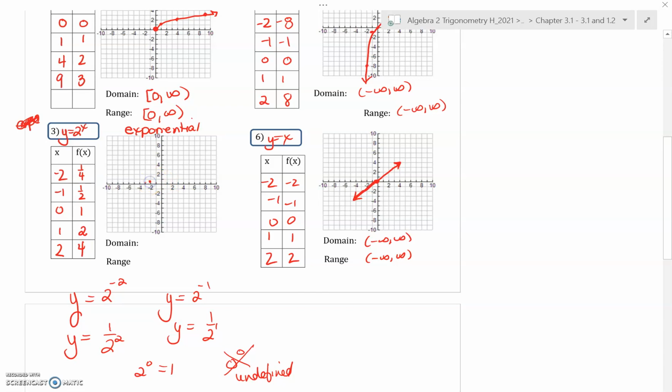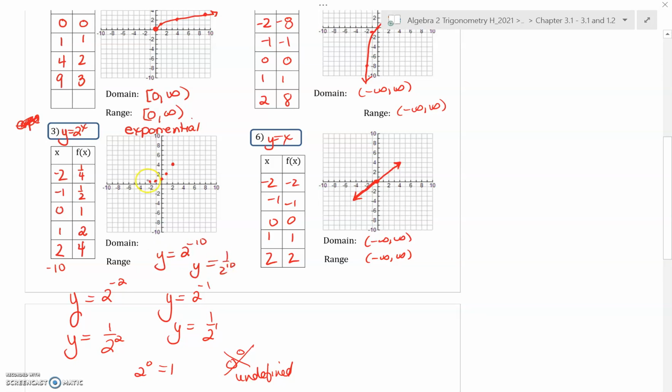Negative 2, 1/4, negative 1, 1/2. So notice what would have happened if you would have picked something smaller, like, for example, a negative 10 for x. If I want to know what y is, 2 to the negative 10, well, that's a very small number.